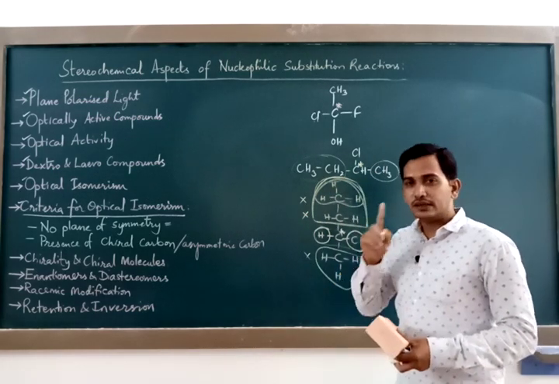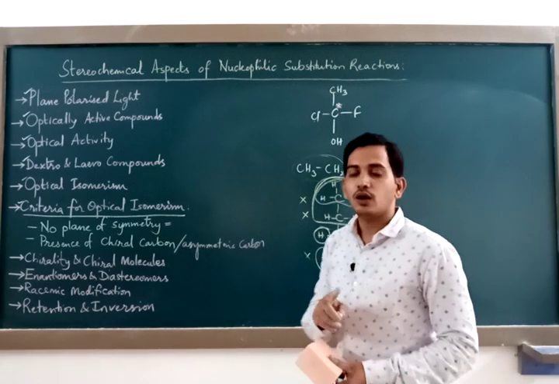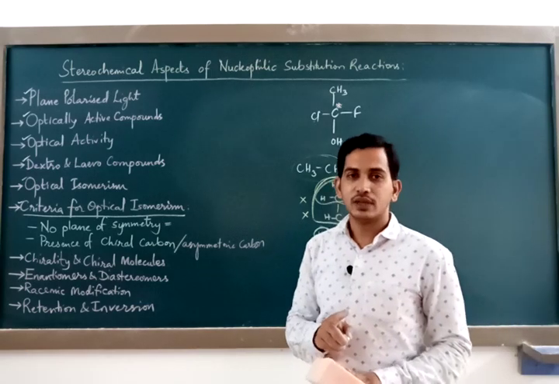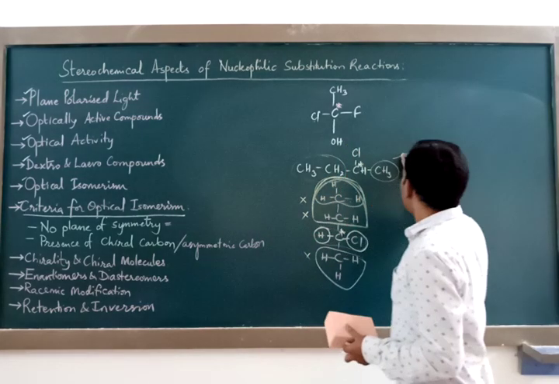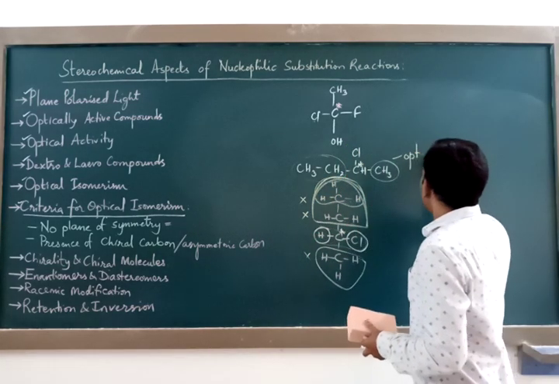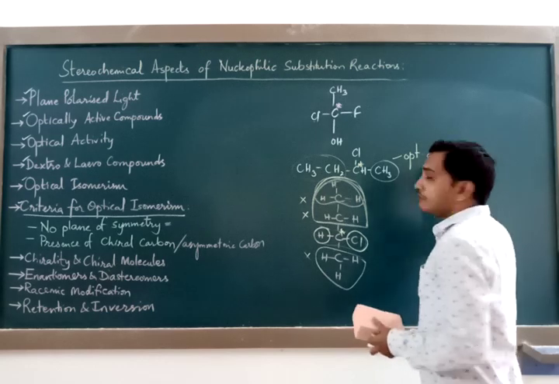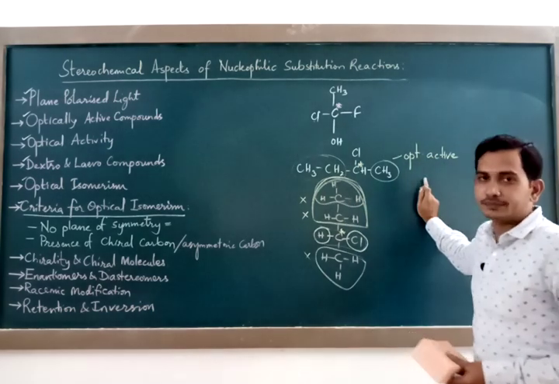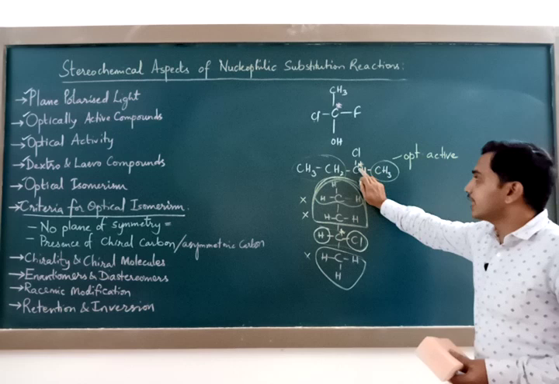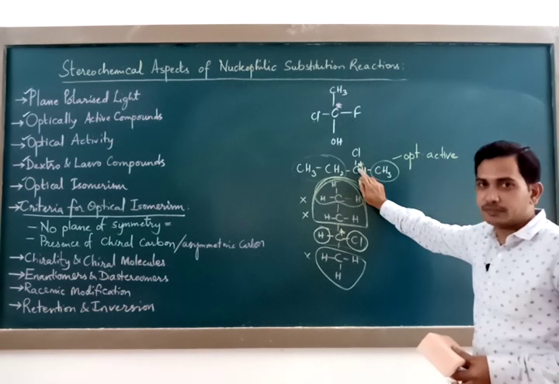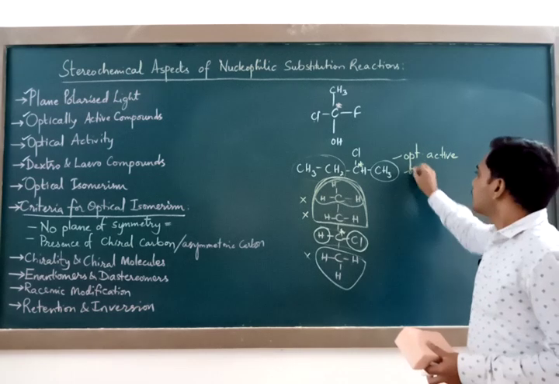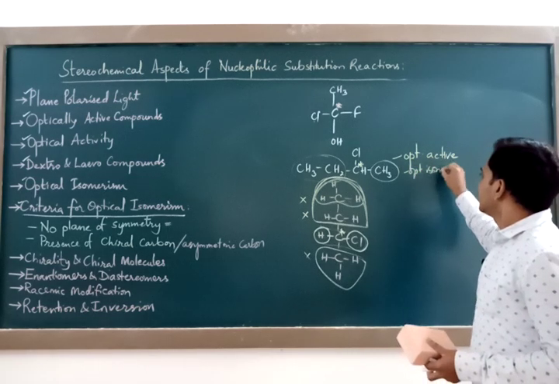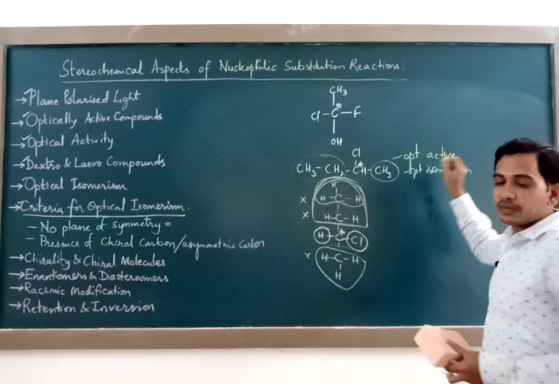Molecules which contain chiral carbon atom or asymmetric carbon atom are optically active. They will show optical isomerism. Do they contain plane of symmetry?